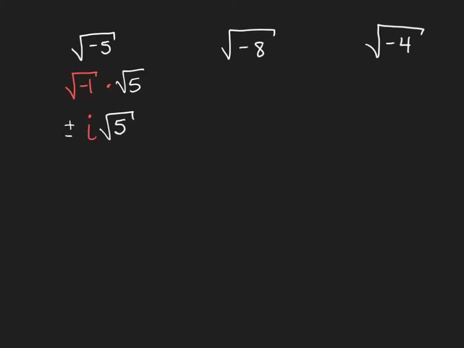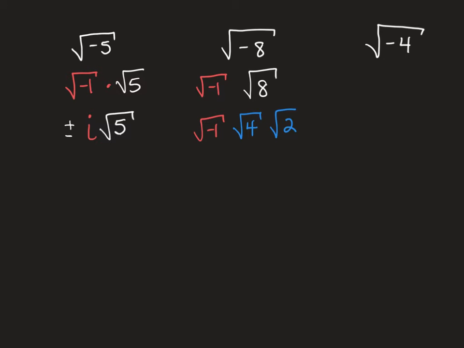If I look at something like this one, the square root of -8, I'm going to follow the same process. I understand that there's a square root of -1 and a square root of 8 in this. But 8 can be simplified. So I have the square root of -1, and then the square root of 4 times the square root of 2. Notice that 4 times 2 does give me 8, and 4 is my perfect square.